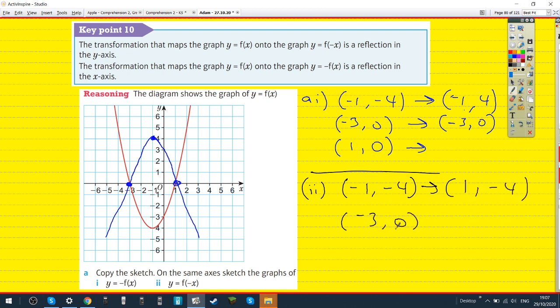Second one would be 3, 0, and the third one would be -1, 0. So 1 right, 4 down. So -3 becomes 3. 1 becomes -1. And so a reflection in the y-axis looks like that. Yeah, so it just flips. Great. Any questions there? No.